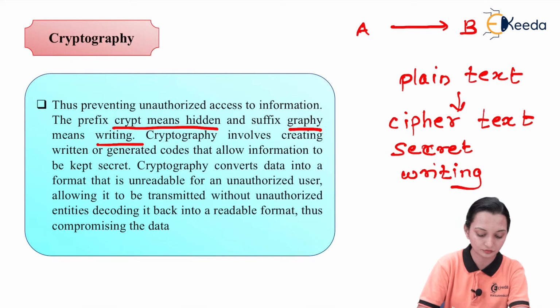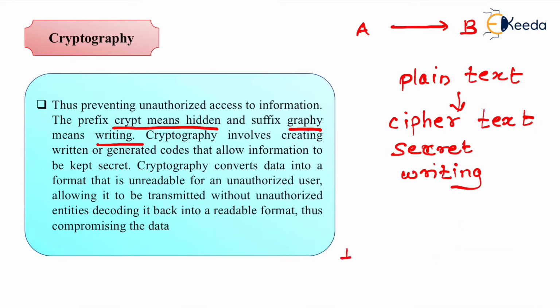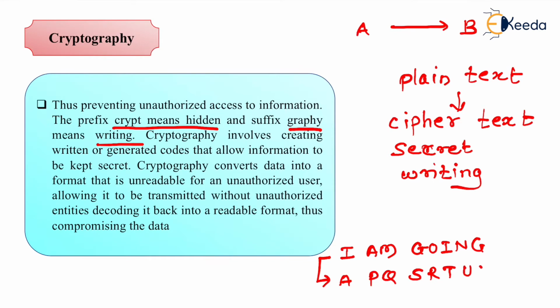For example, "I am going." Suppose this is the input message, that means the plain message, and the secret writing of this message, that means after the encryption, will be APQ, SRT, TUW, like that, random letters. So an unauthorized person is not able to understand the meaning of this secret writing.